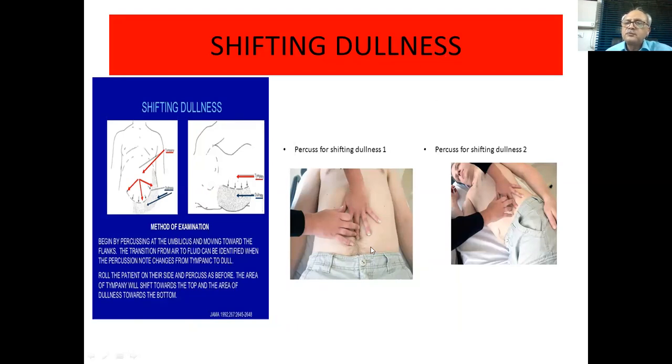The method of performing shifting dullness is that you start percussion, as you can see in the central picture, in the center of the abdomen and keep on percussing from the middle of the abdomen toward the right iliac fossa and right or left inguinal fossa.